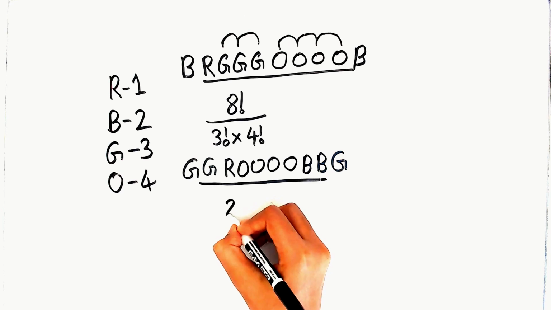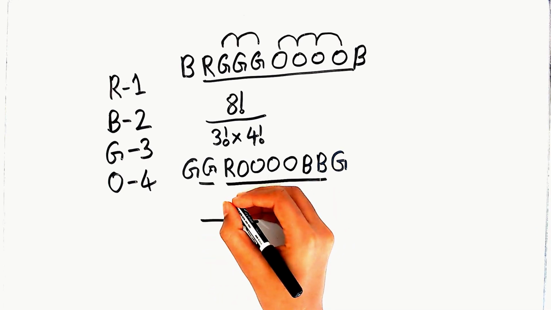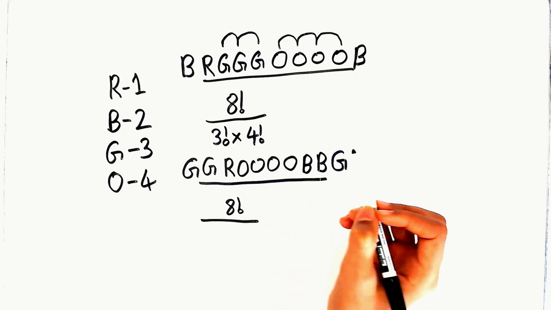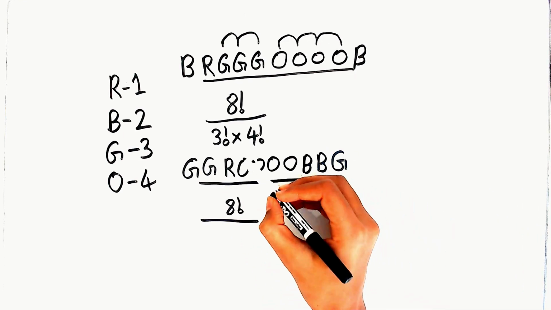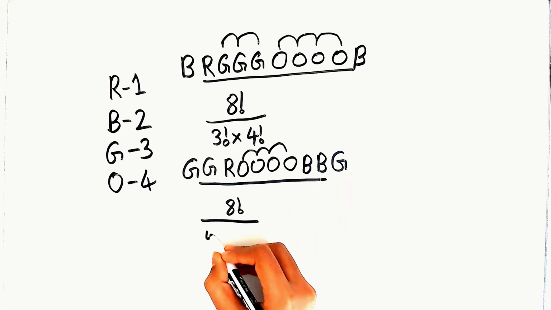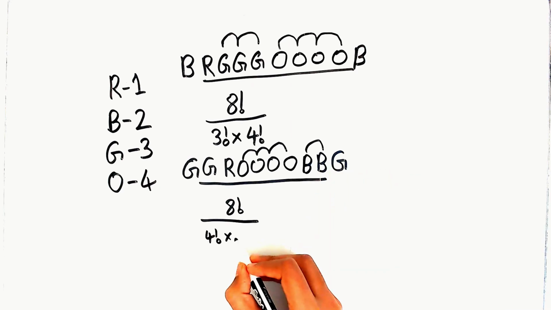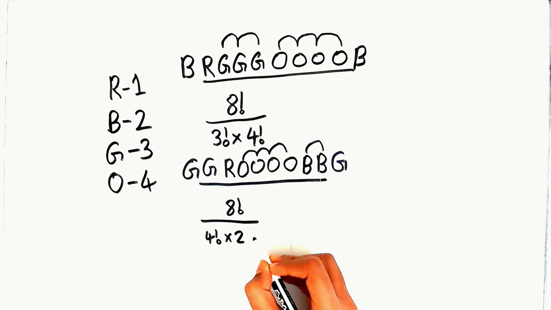So it would be 8 factorial divided by, so we only have 1 G, so it's not really going to do anything. And we only have 1 R. But here we have 4 O's, so 4 factorial times 2 B's, 2 factorial.